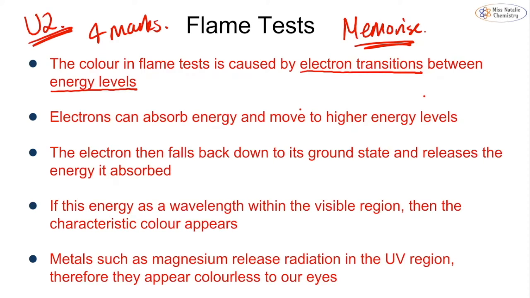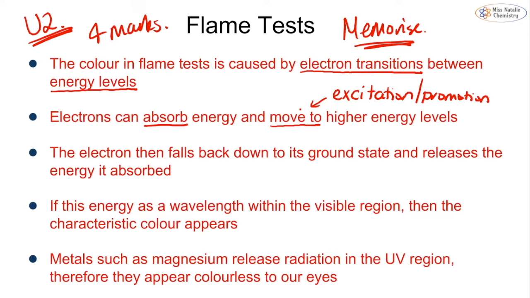We're getting the movement of electrons between different energy levels in our atom. So when the electrons absorb energy from the flame, they are going to move to a higher energy level. And this is sometimes known as excitation or promotion.